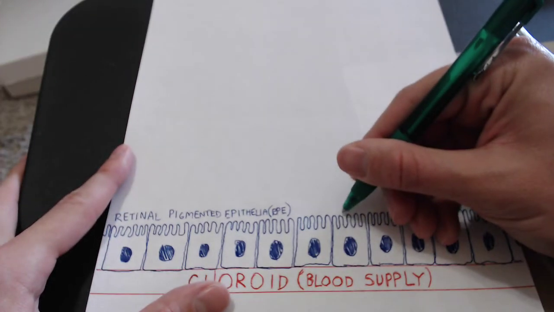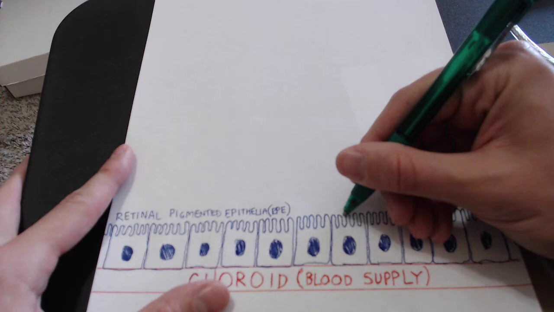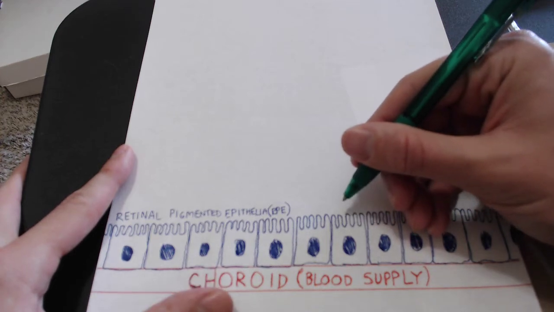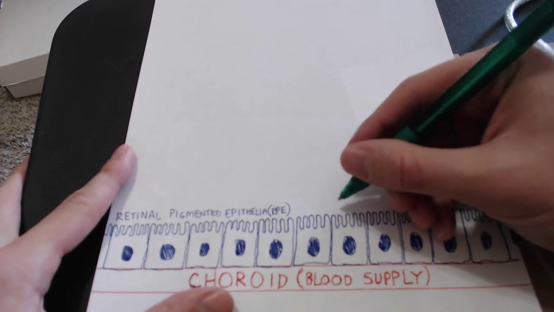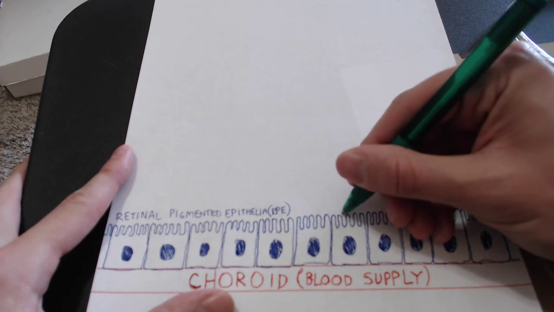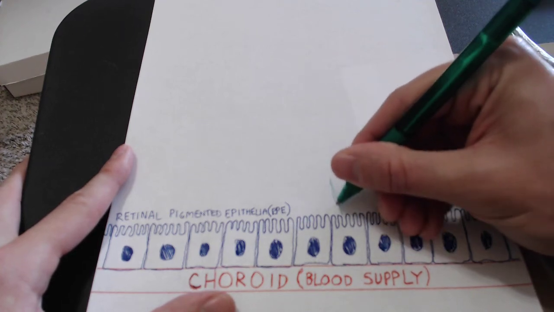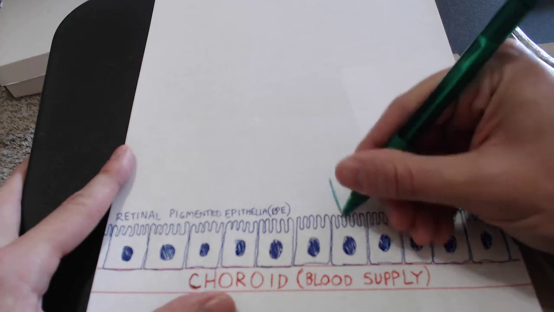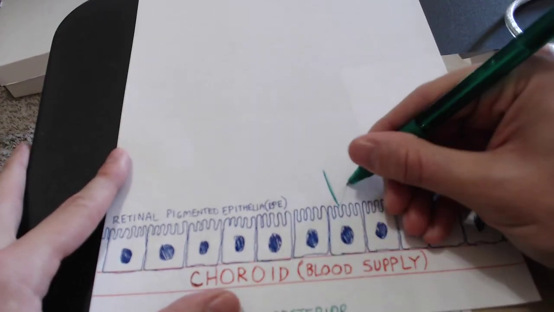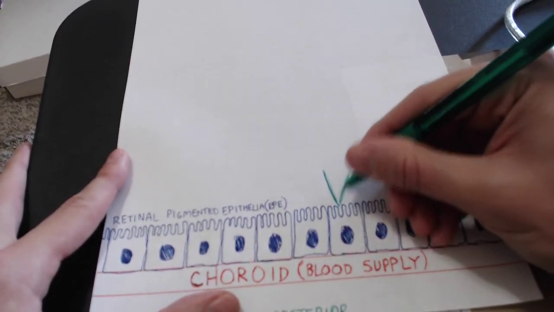I'll go ahead and start with a cone photoreceptor. Not being the most artistically inclined person in the world, I'm going to do my best here. So I will draw kind of a cone shape here for the cone's outer segment.